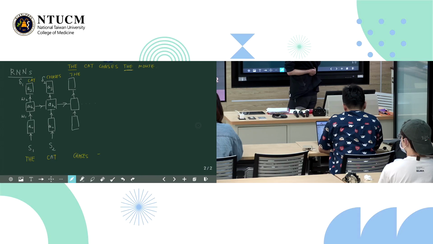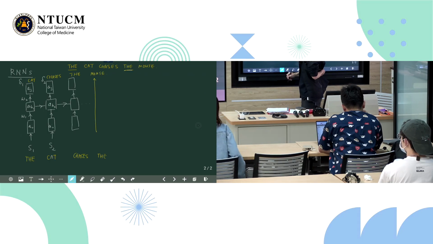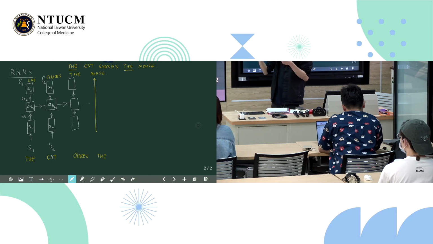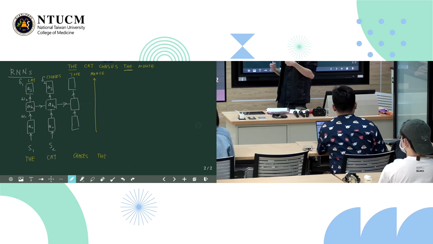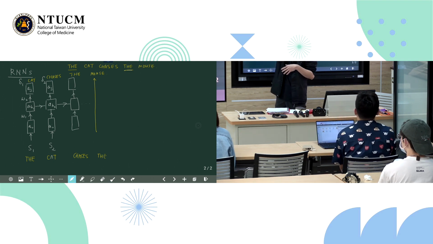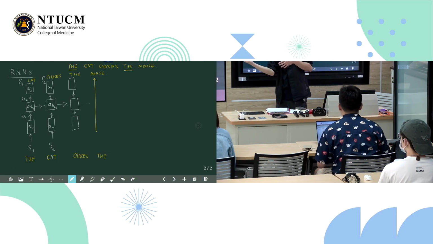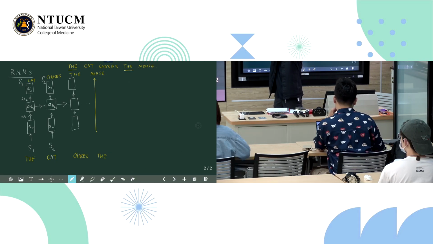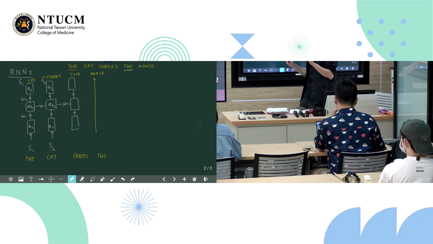And then if I give it "the," "mouse." That is how you can generate a sentence based on cues, right? I can take the first cue I have and say "the." After it generates "cat," I use its own output as its own next input. And then eventually you get a whole sentence.